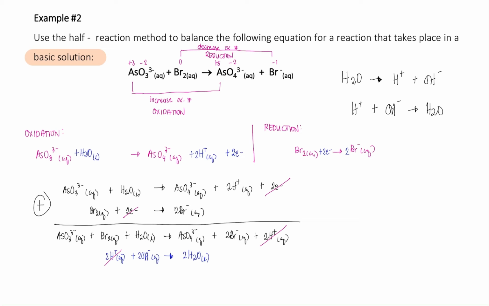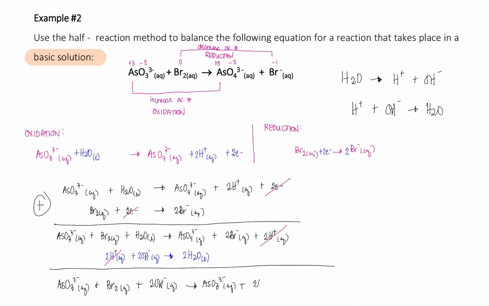And then we add again. So, when we add again, copy first AsO3 3 negative, aq, plus Br2, plus 2OH negative, aq, and then AsO4 3 negative, plus 2Br negative, plus water.